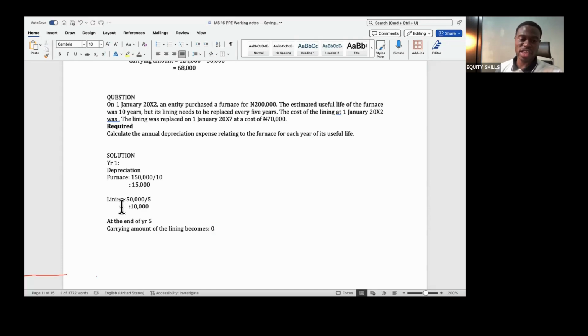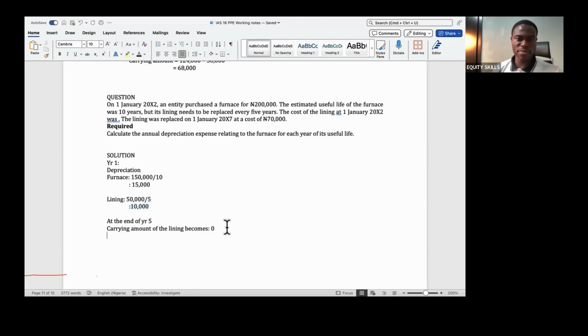Becomes 0, because we are charging 10,000 depreciation every year. Year 1, 10,000, in year 2, 10,000, in year 3, 10,000, like that. So at the end of year 5, our accumulated depreciation will be 50,000. And the cost is how much? 50,000. So the carrying amount becomes 0.